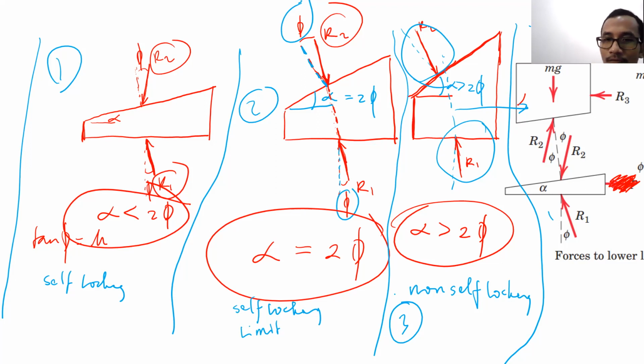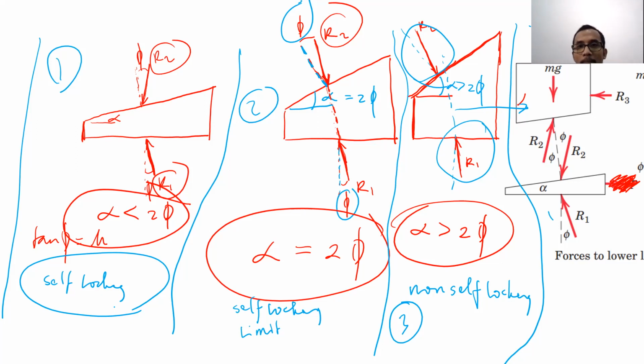So this is the condition of non-self-locking. The self-locking condition, on the other hand, is the normal wedge that we normally use. After we push the wedge in, it will stay there because it will self-lock. Anyone have any question about the self-locking mechanism?